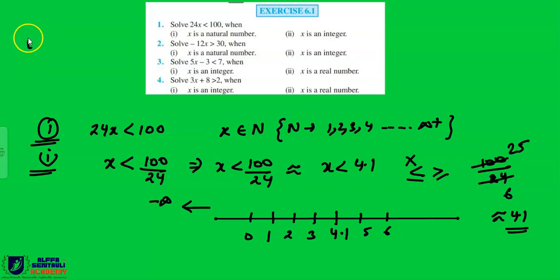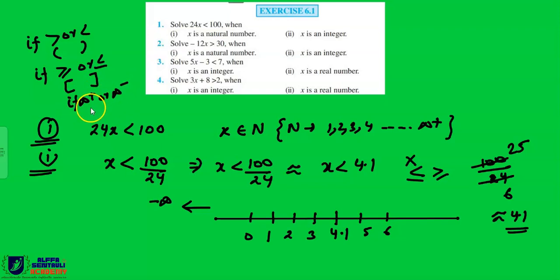If less than or greater than is given, then use an open interval, right? If greater than or equal to, or less than or equal to is given, then use a closed interval, right? Correct? But try to understand, if in your solution positive infinity or negative infinity is given, then always use an open interval, like this or like this.